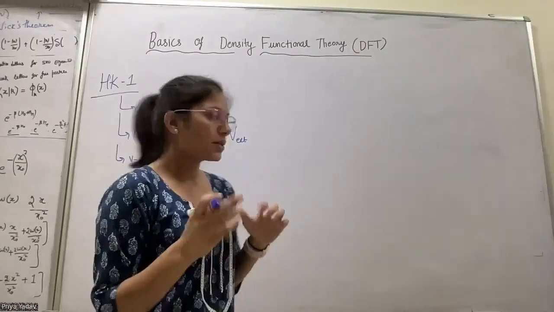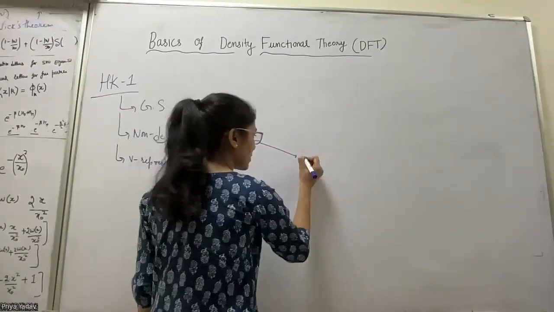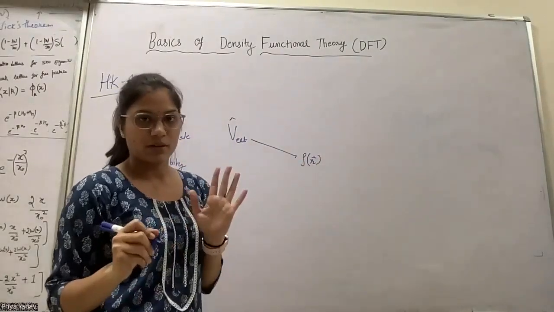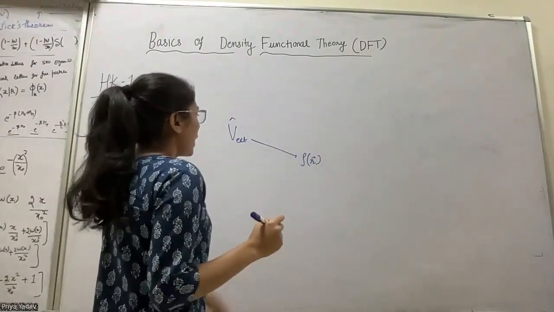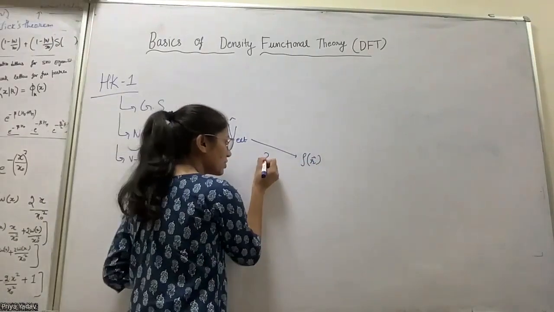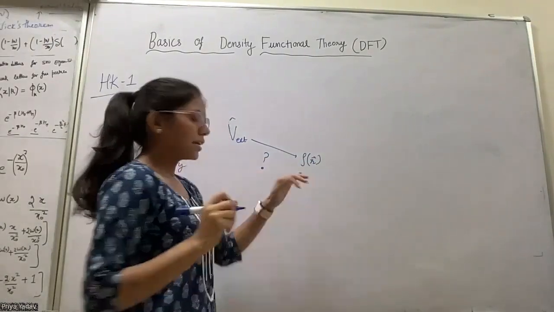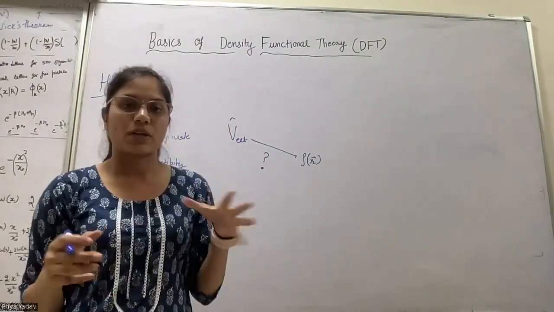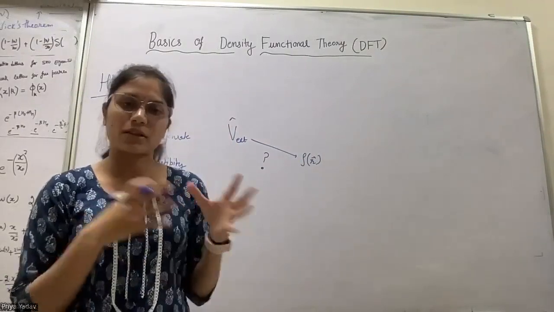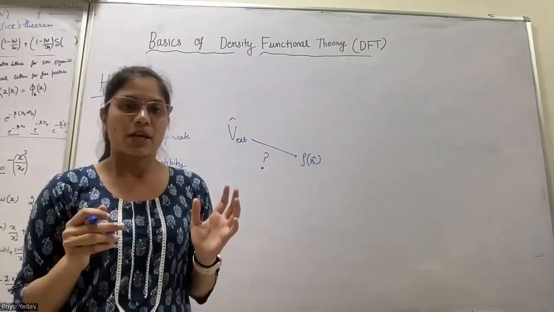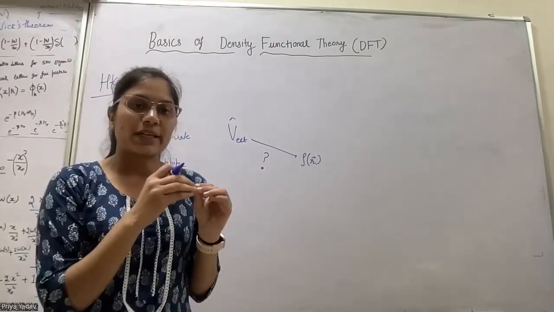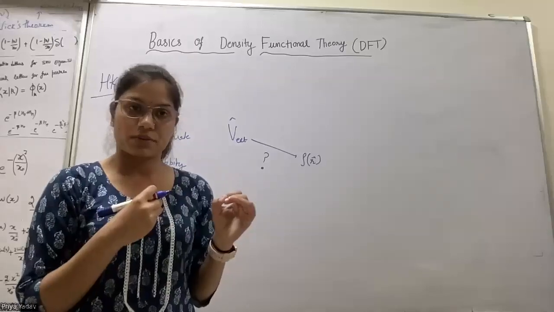But I'm saying that for every V external, there exists one unique electron density, but I don't know the conditions. If I have an electron density, and I integrate it over all the space, then I get the number of electrons and number of particles. But I cannot tell whether it is coming from a V external or not.